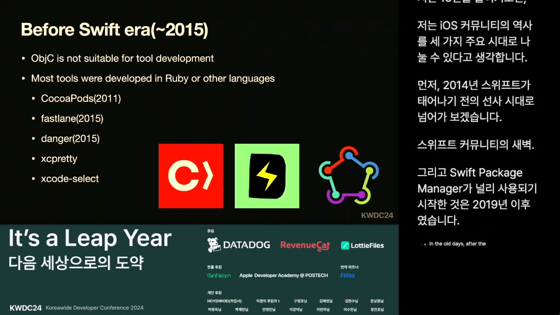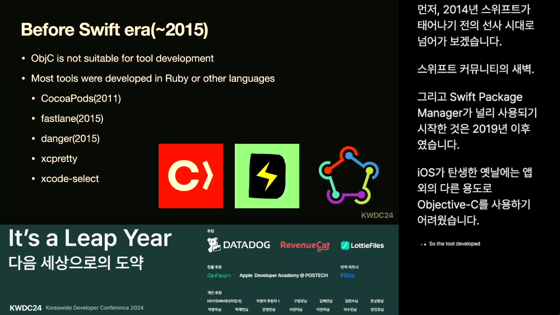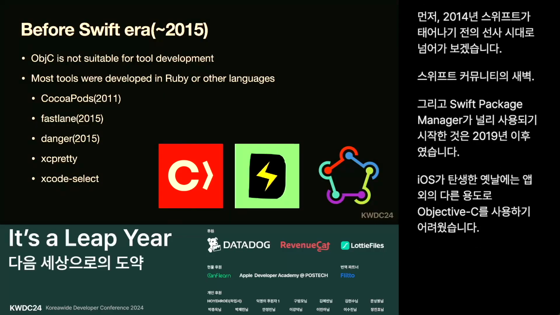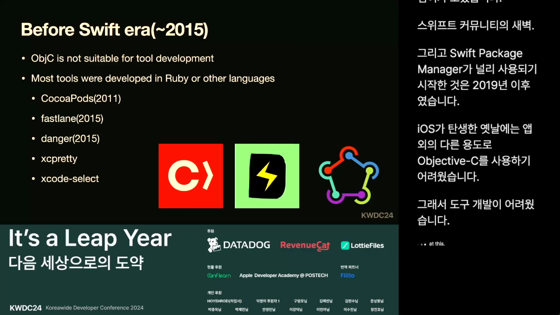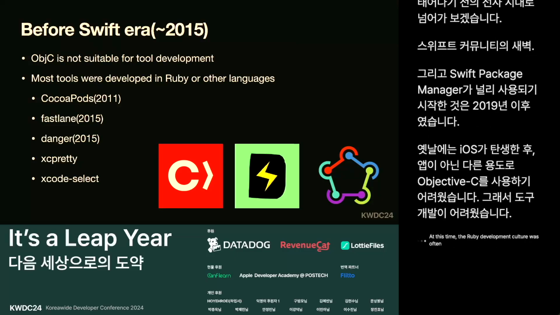In the old days, after the birth of iOS, it was difficult to use Objective-C for anything other than apps. So the tool development was difficult. At this time, the Ruby development culture was often brought into the iOS world.